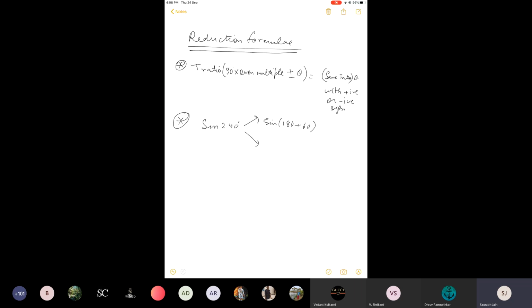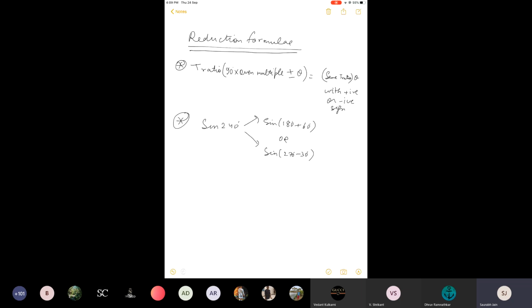It is greater than 180, that is why 180 plus 60, and less than 270, that is why 270 minus 30. Here I am telling you a result which is related to the first one, 180 plus 60.